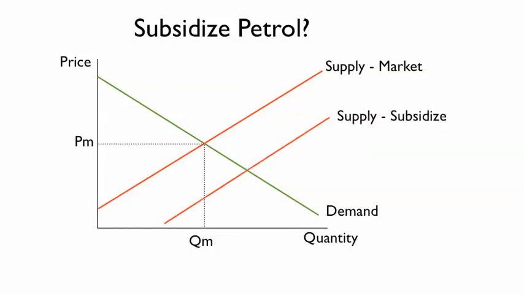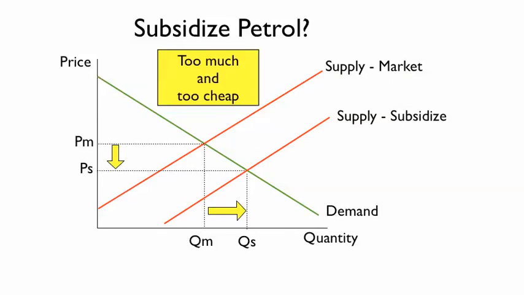So we have a new supply curve out here at the subsidized price. Once that subsidy occurs, we would notice that the price would decline, but we also notice that the consumption would actually increase. So you end up with too much fuel at too low of a price.